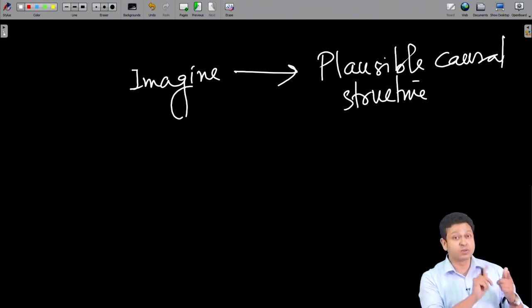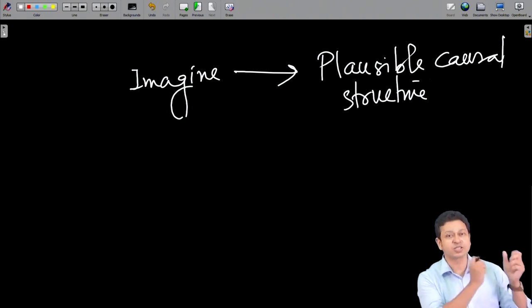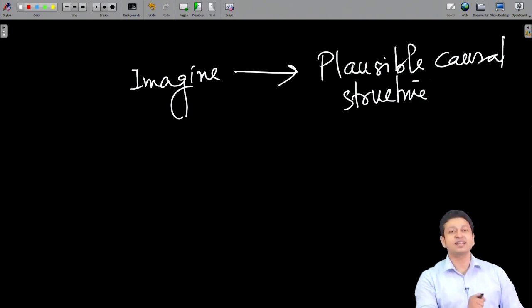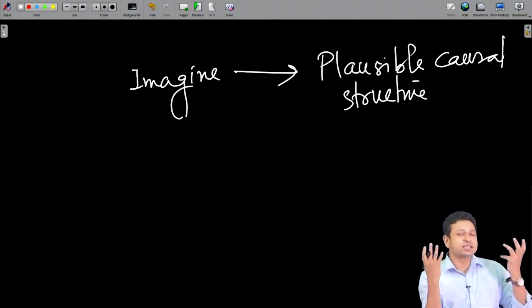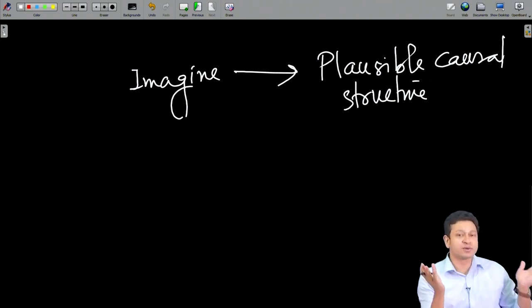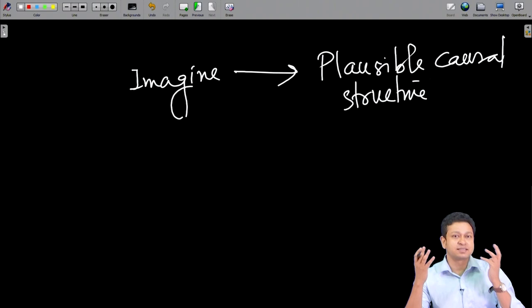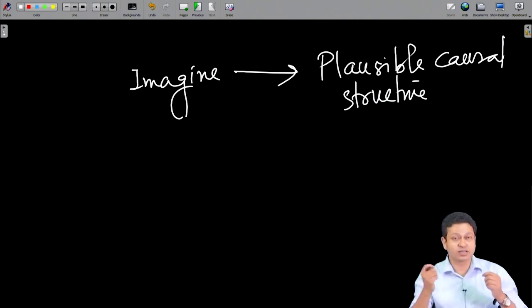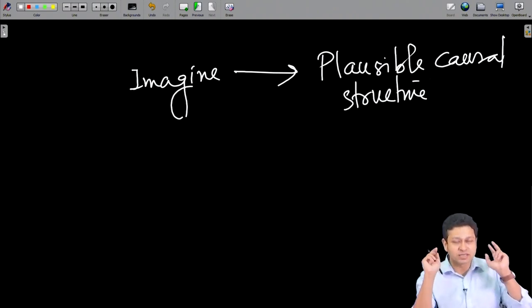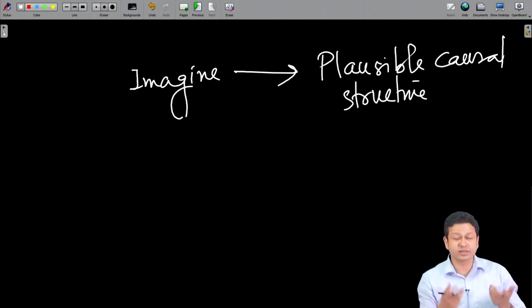Or for a fact I know that I do not have to rub the branches against each other, but I can rub the stones and I can see the fire, right. It does not matter whether that causal link is correct or not, but the moment humans have this plausible structure in their mind, we do not know whether we will go to heaven or not, but still we toil hard to build the dam or the pyramid, right.